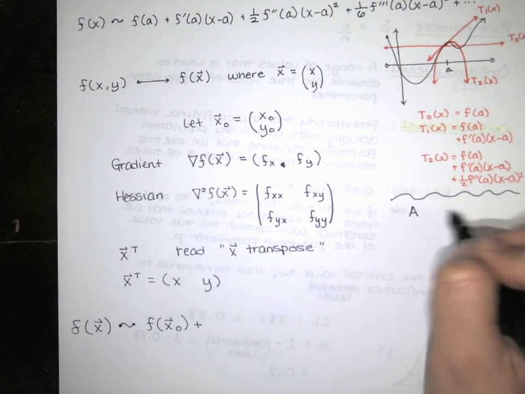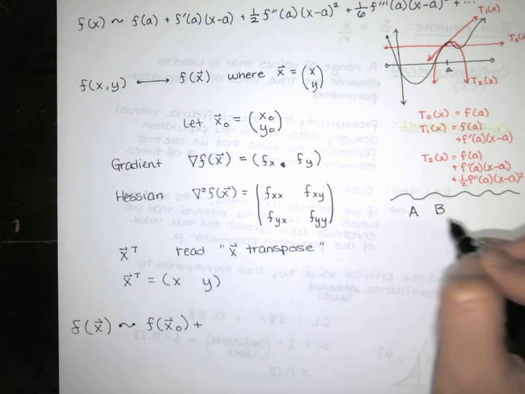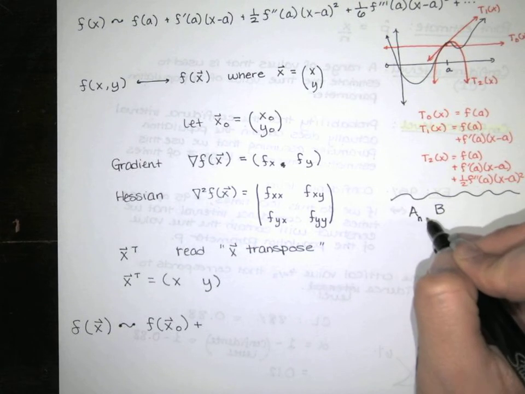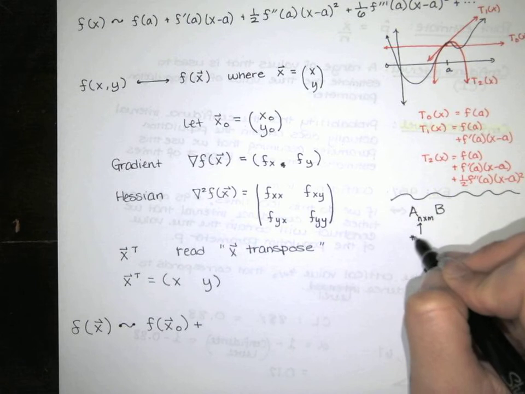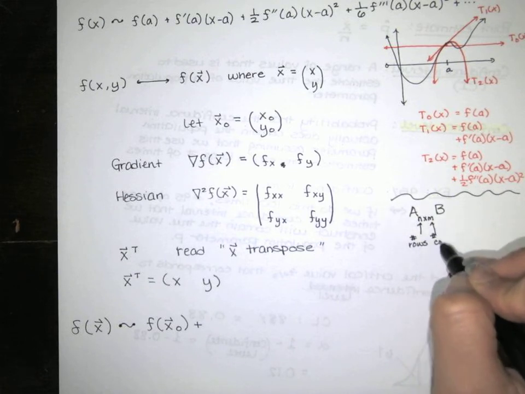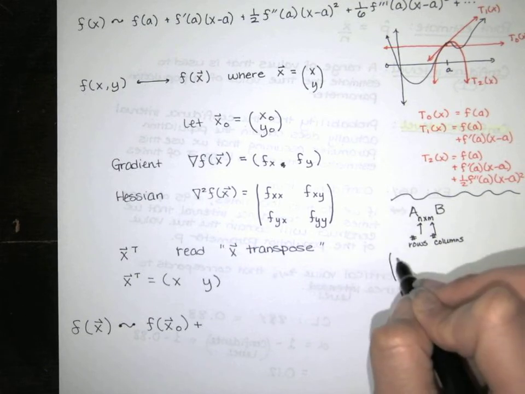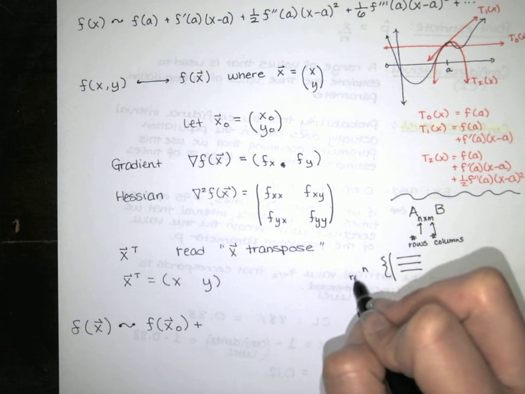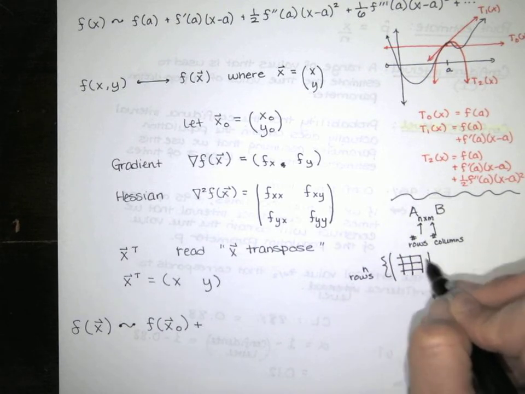If you have a matrix A and a matrix B, you can only multiply them if the dimensions are just right. So let's say matrix A is an n by m matrix. This is the number of rows of A, and this is the number of columns of A. So I've got 1, 2, 3, that's n rows, 3 rows, and m columns, 1, 2, 3, maybe 4.